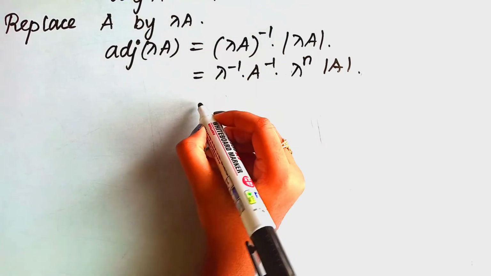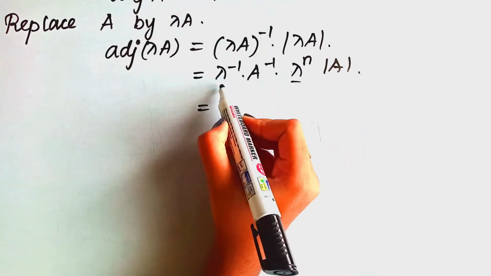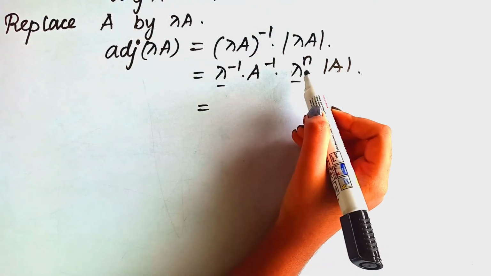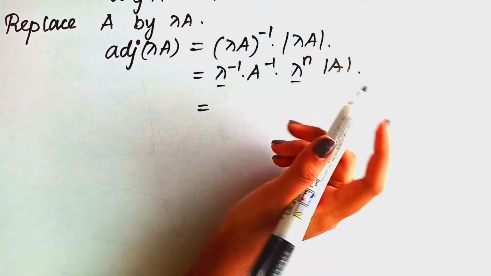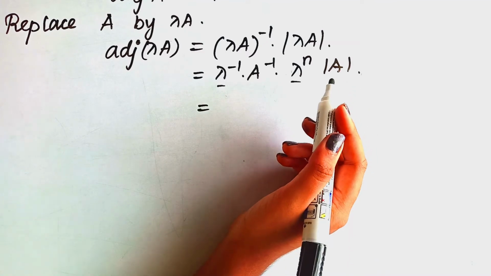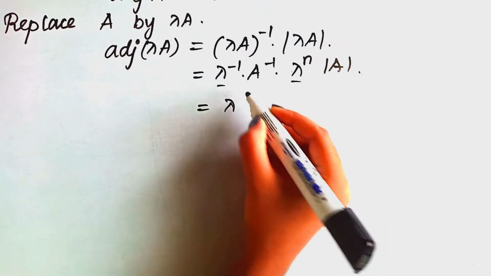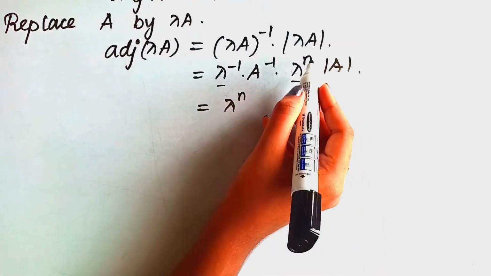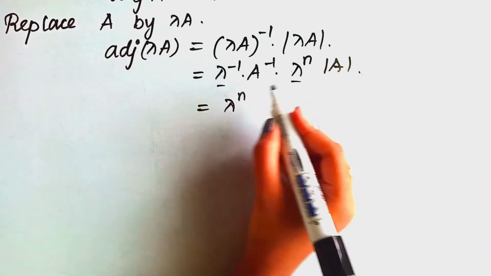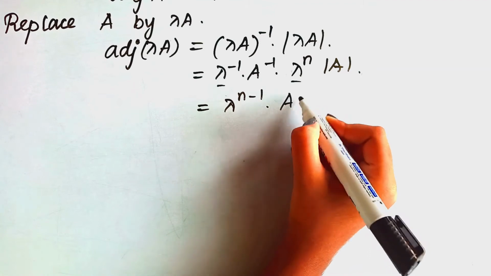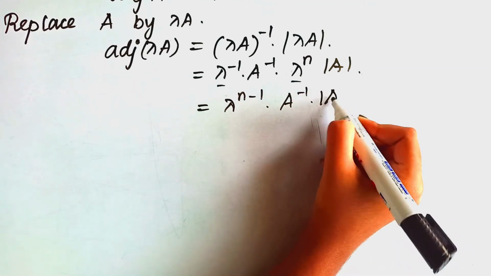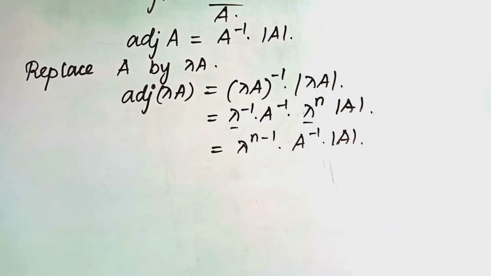Now you can see that the bases are the same, lambda and lambda. If the bases are in multiplication and they both have the same base, then you have to add the powers. So there is an n here and you have to add minus 1, so n plus minus 1 will be n minus 1. And then the remaining terms are a inverse and determinant of a.